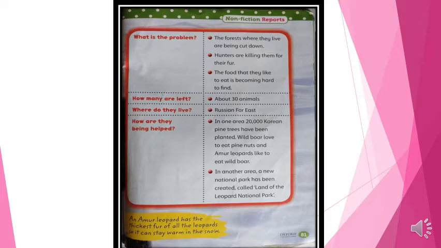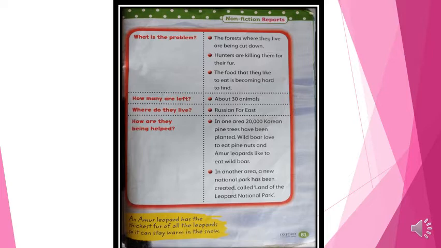Where do they live? How are they being helped by the human beings? So we will also come to know about the efforts of the human beings to save them. So let's start with the first one. So what is the main reason for their extinction? Read with me. The forests where they live are being cut down.